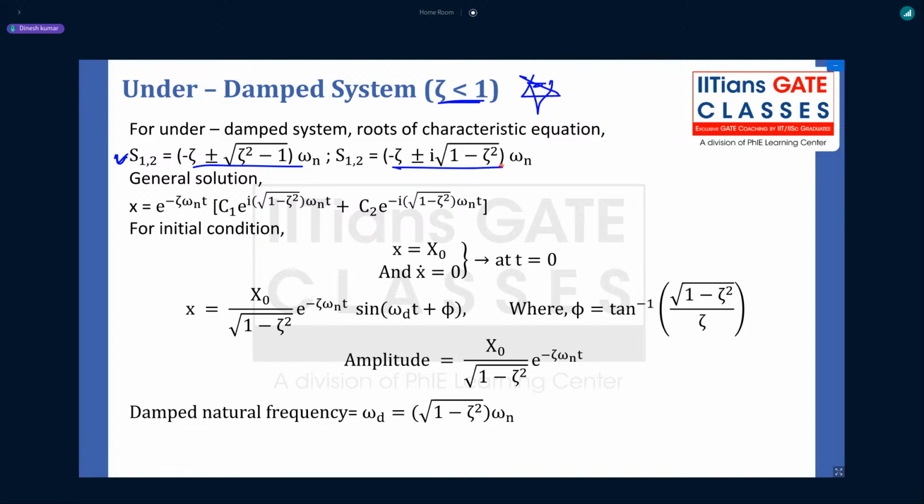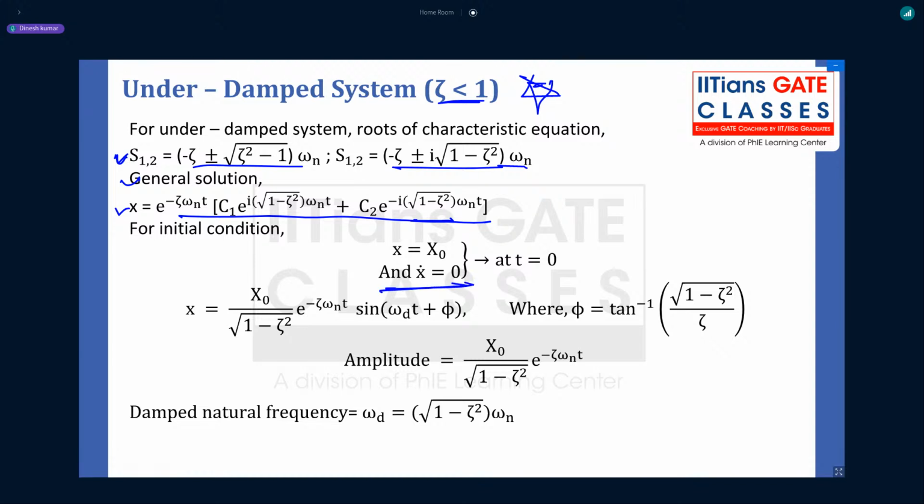When you have an imaginary term, the general solution will be given by this equation, which is e to the power minus zeta omega n t, and then C1 e to the power iota under root 1 minus zeta square omega n t, plus C2 e to the power minus iota under root 1 minus zeta square omega n t. Now guys, for this, again C1 and C2 are constants and can be found from initial condition.